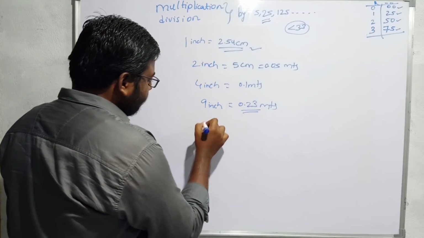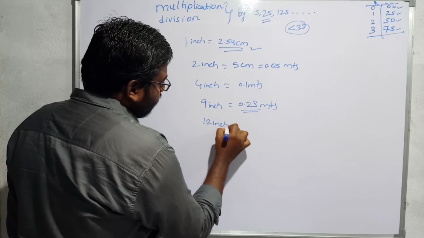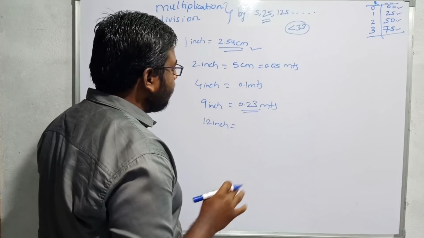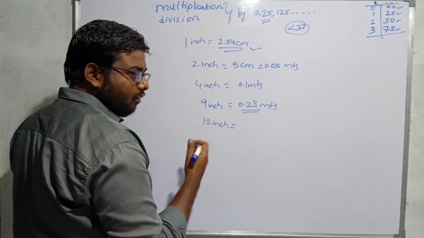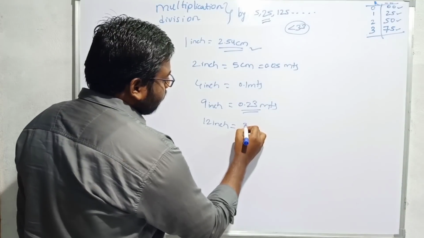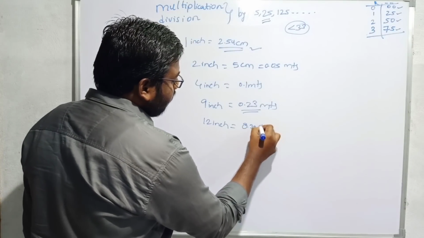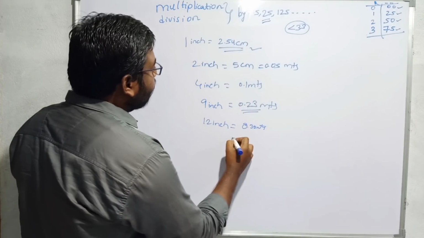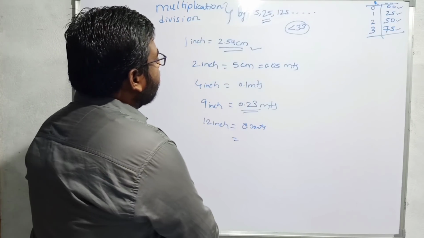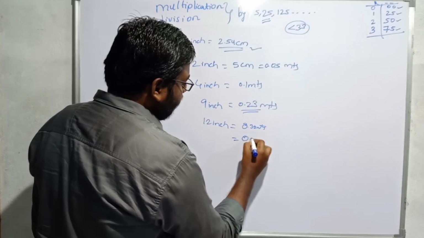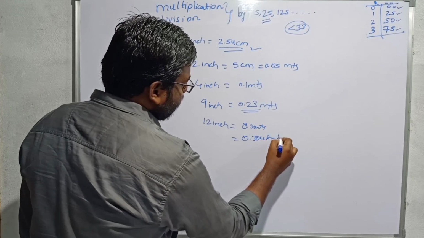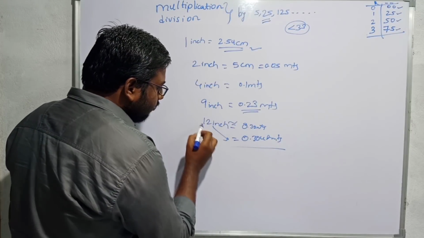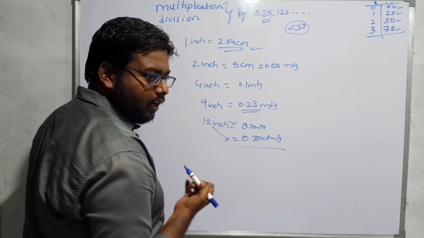For example, 12 inches, this is the approximation value, nearest value. 12 into 2.5 is 30, so 0.30 meters. If you want a clearer value also, you can calculate 12 into 2.54, 12 into 25 is 300, 12 fours are 48, 0.3048 meters. The approximate value is 0.3 meters, 12 inches exactly is 0.3048 meters.